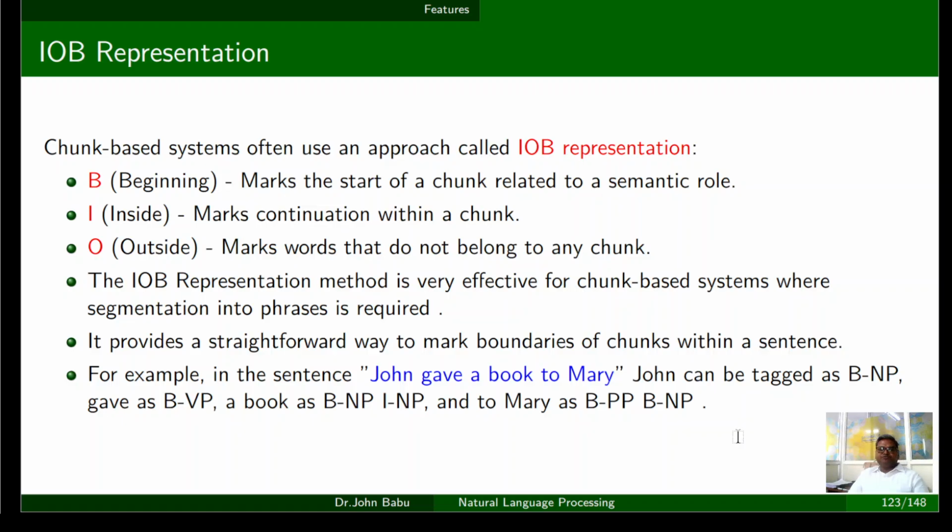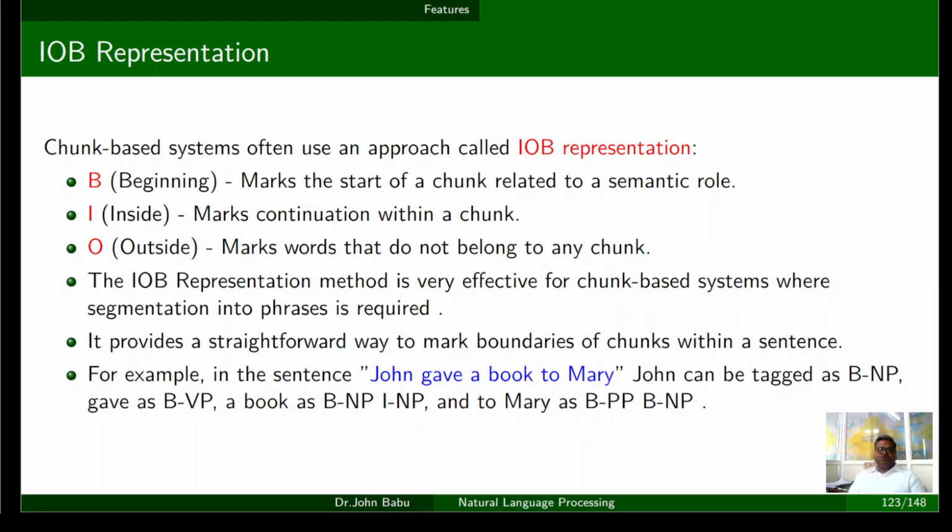In chunk-based systems, often we use an approach called IOB representation. I is inside the chunk, B is beginning of the chunk, and O is outside, which do not belong to any chunk. This method is very effective where segmentation into phrases is required.